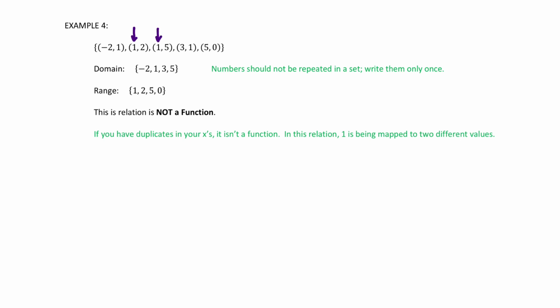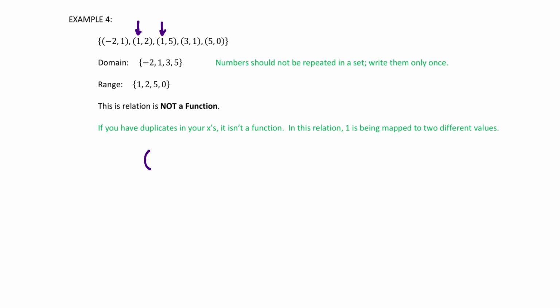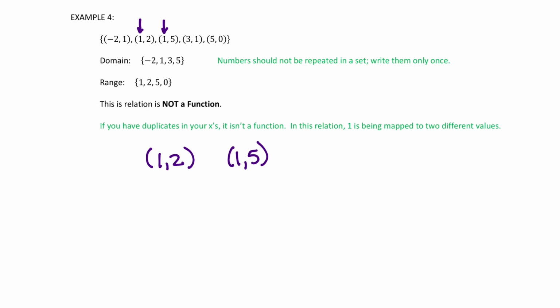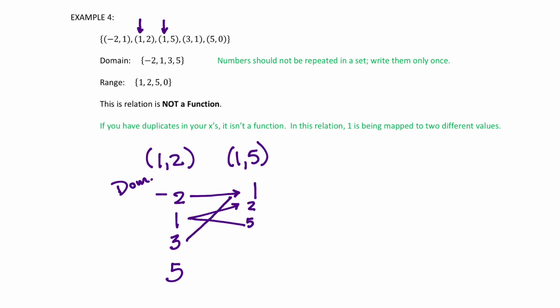1, 1. So 1 goes to 2 and it goes to 5. That's not good. If I had a graph like this, 1, 3, 5, these are my domain values, and I'm going to point arrows to what they map to. -2 maps to 1, 1 maps to 2 and to 5. 3 also maps to 1, and 5 maps to 0.